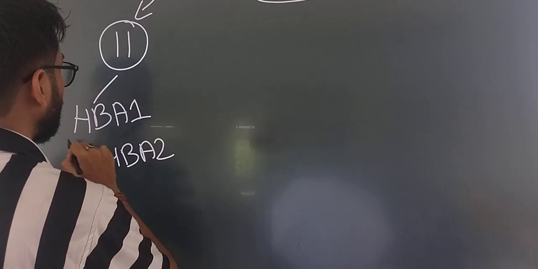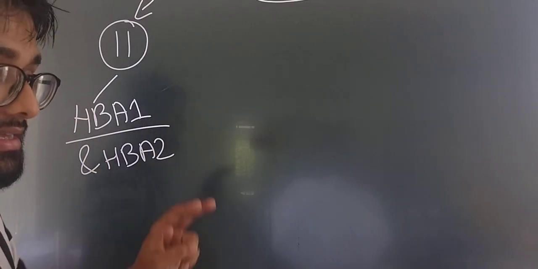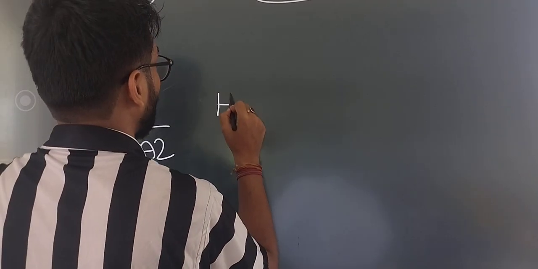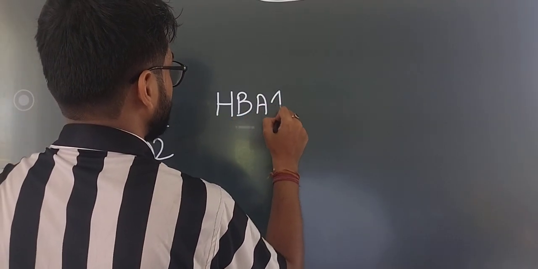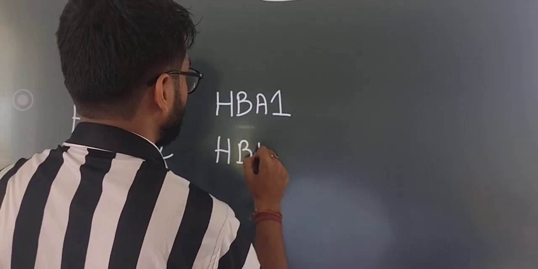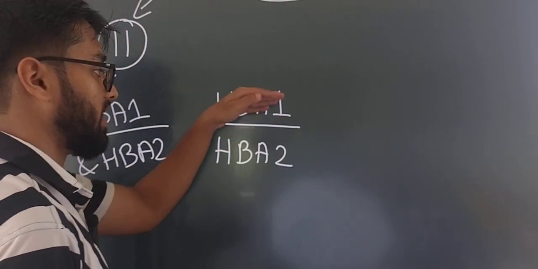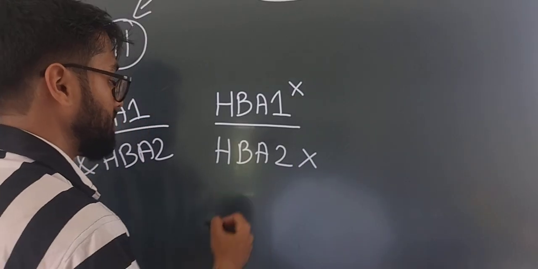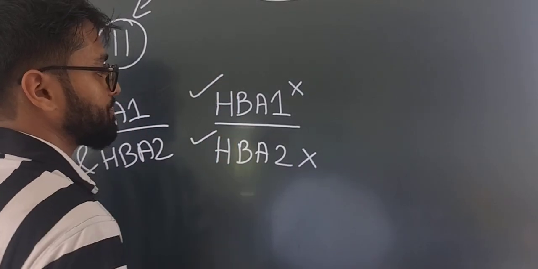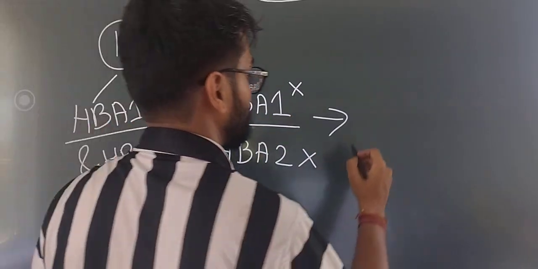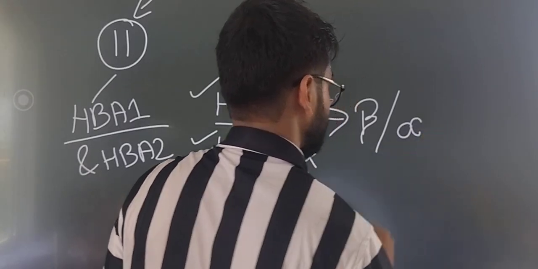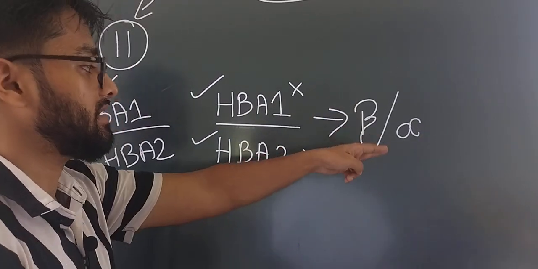If both of them are deleted, do remember that this is a recessive condition. That means if only HbA1 or only HbA2 is deleted, and the other one is present, then you will not get the full extent of thalassemia, that is beta thalassemia, but you will get alpha thalassemia.